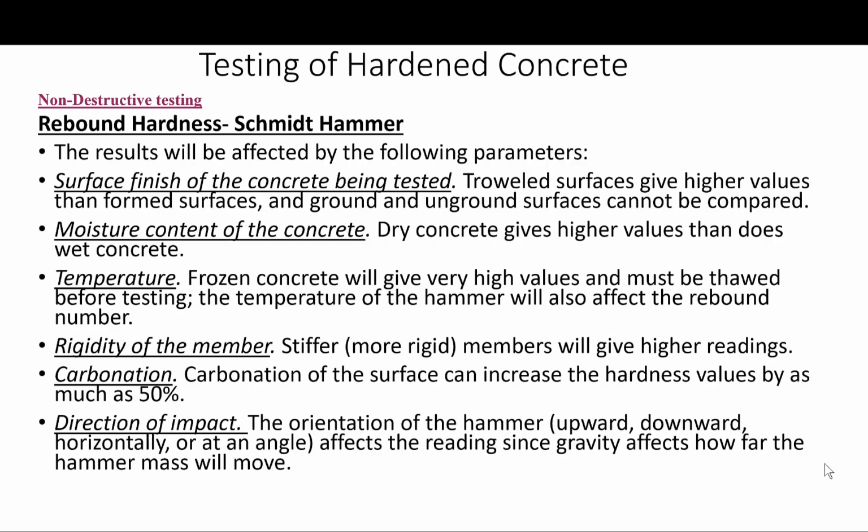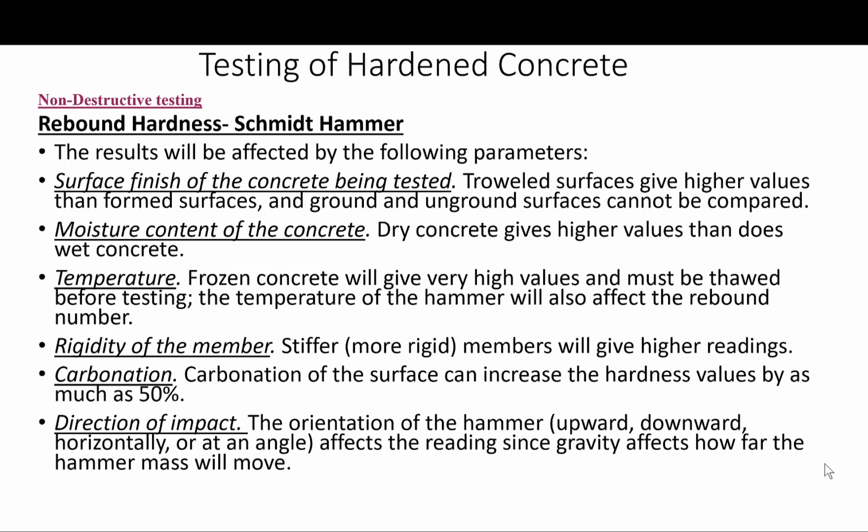Okay, so the results of the rebound hammer will be affected by the following parameters. First, the surface finish of the concrete being tested. Troweled surfaces give higher values than formed surfaces, and ground and unground surfaces cannot be compared. Keep that in mind. When comparing, it has to be extremely accurate.